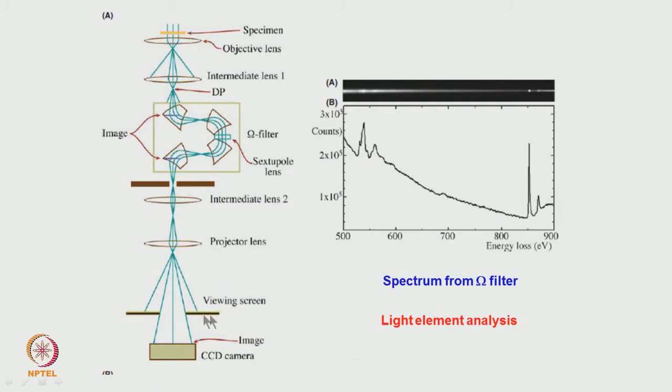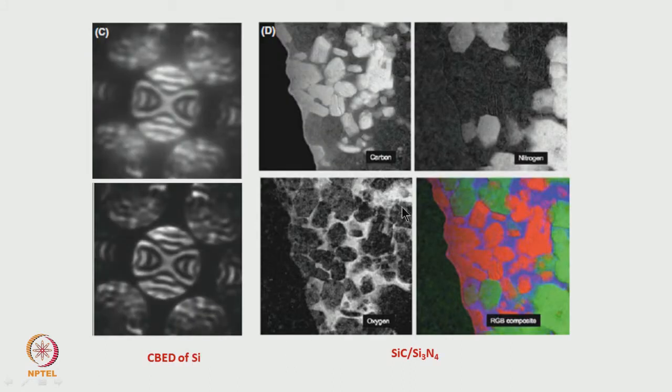Then what is going to happen is that only regions which contain carbon will be lighted up, and that is what is being shown here in the case of a sample which contains carbon, nitrogen, oxygen. We can immediately make out that these are all the regions which contain carbon, I think it is in a steel, and these are all the regions which are rich in nitrogen.